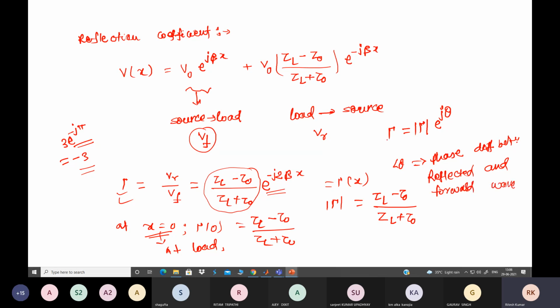And gamma is the measure of mismatch between the expected impedance Z0 and the actual impedance ZL at the load.